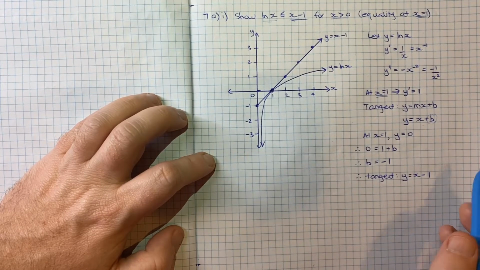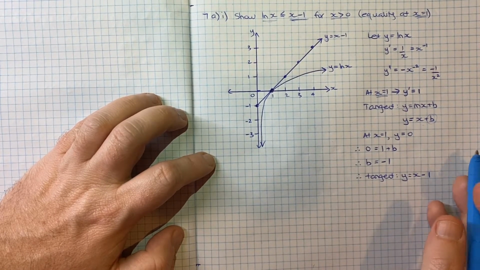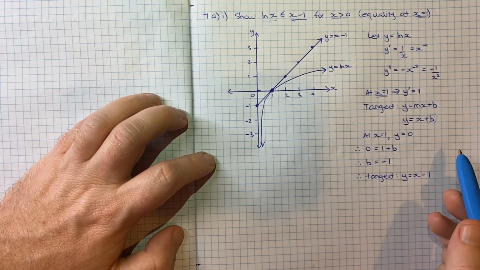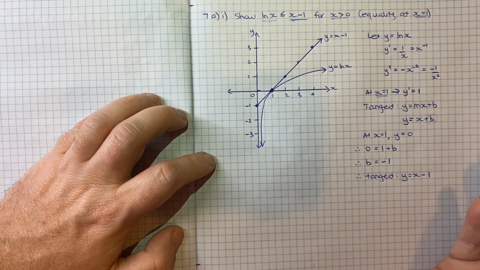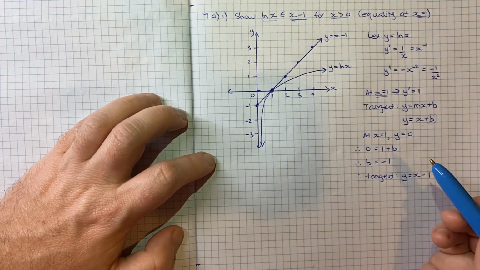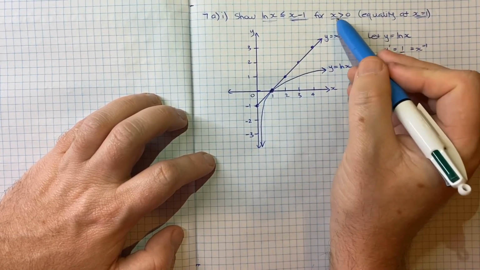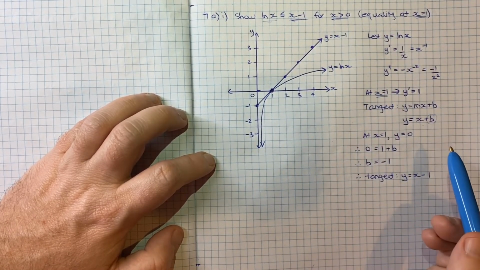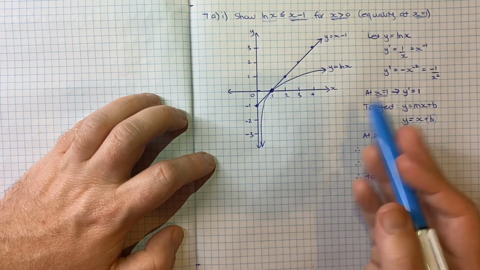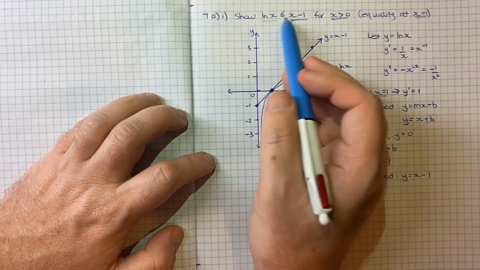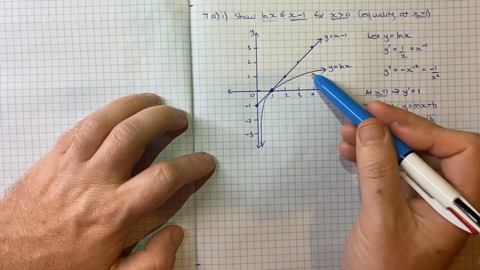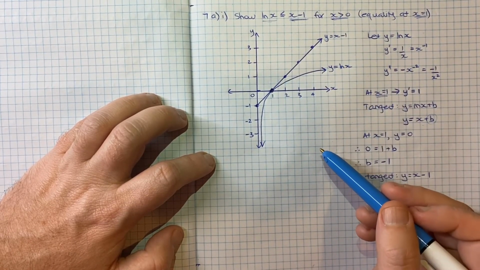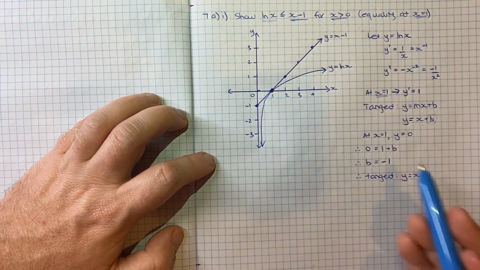So basically from there, as I mentioned, if we can show that the curve is concave down for all x greater than 0, then we've essentially shown what we need to show, because there's no opportunity for the curve to turn back around and get above this straight line.